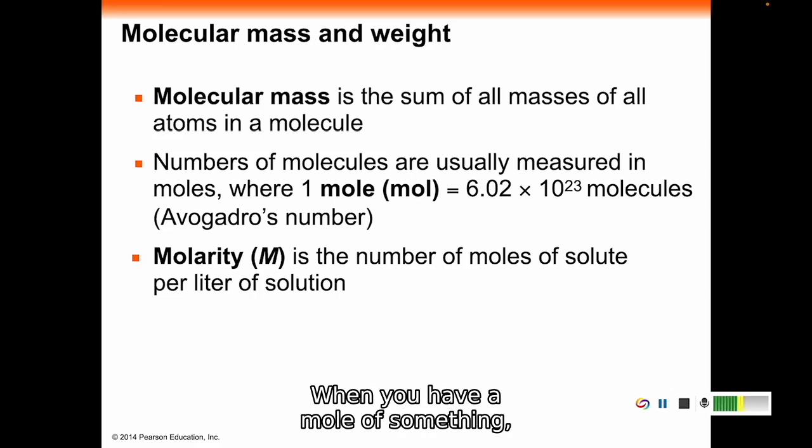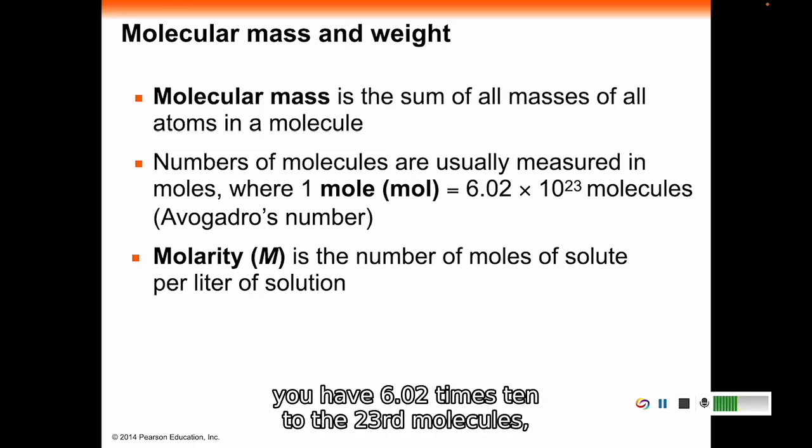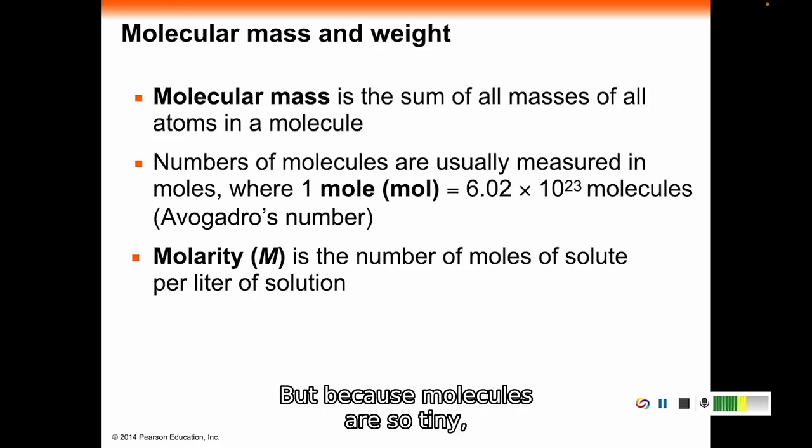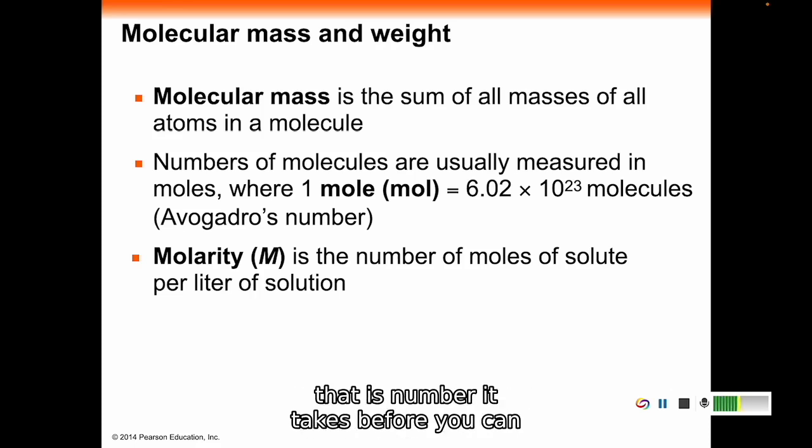When you have a mole of something, you have 6.02 times 10 to the 23rd molecules. That's a huge number of molecules, but because molecules are so tiny, that's the number it takes before you can actually start weighing them out. What you need to know is if you have the molecular mass of a molecule, that number is going to be in Daltons.